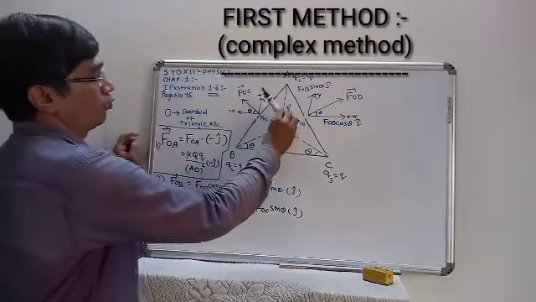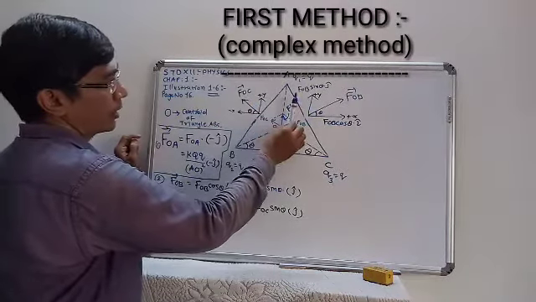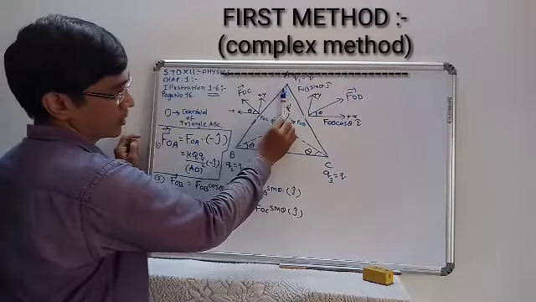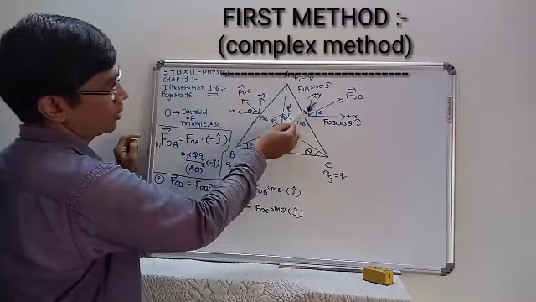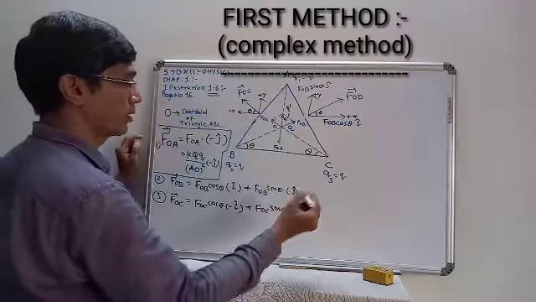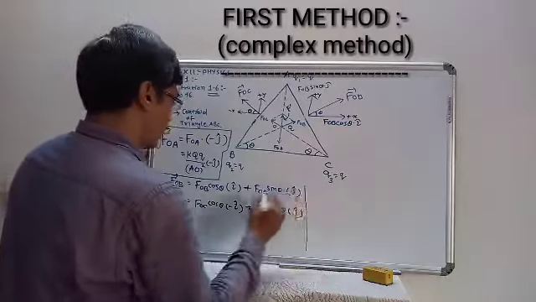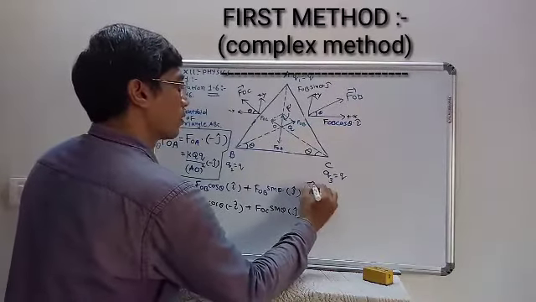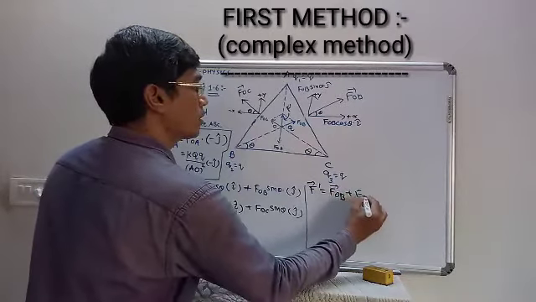Now we combine FOC plus FOB, and that resultant force is F dash. If you take the vector addition of FOC and FOB, you will get F dash, which is in the plus y direction.